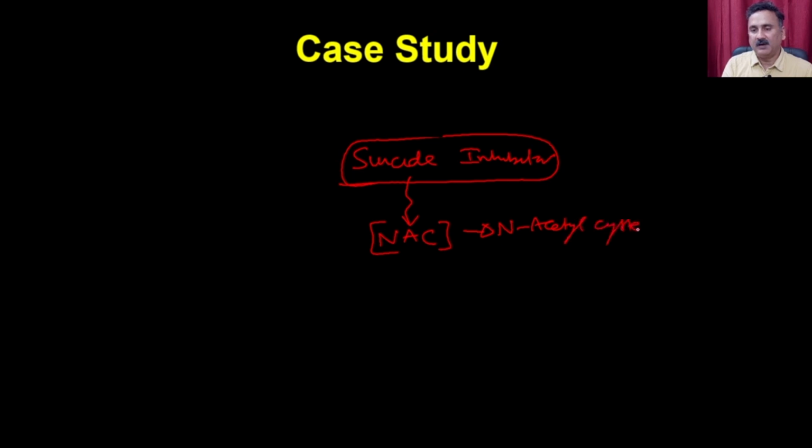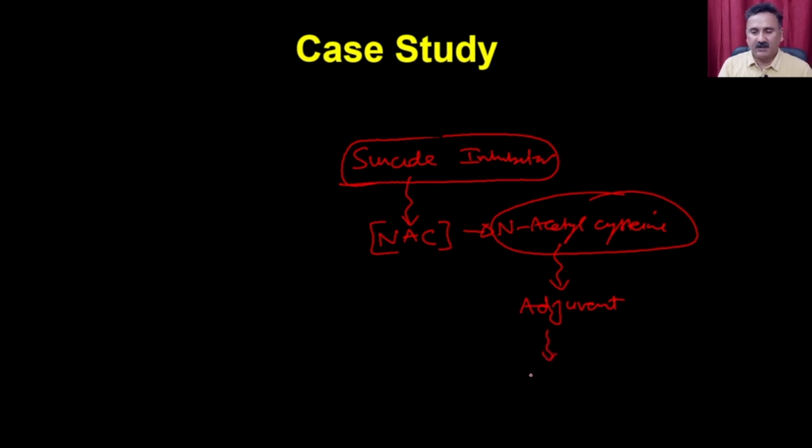Okay, and it is being very extensively used as an adjuvant in relieving some of the damages during malaria, or it is also being used in another disease which is called COPD, chronic obstructive pulmonary disease.